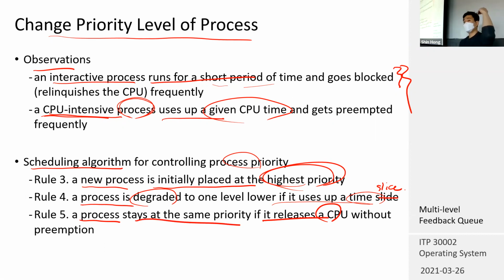CPU-intensive processes start from the highest priority, gradually move down to a lower level, and stay at some point in a lower level priority queue. So processes can find their proper position among the different levels of priority queues. This is the idea. But can anybody point out some limitation of this approach?